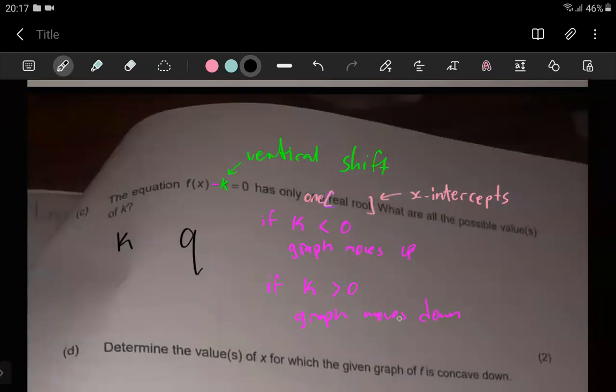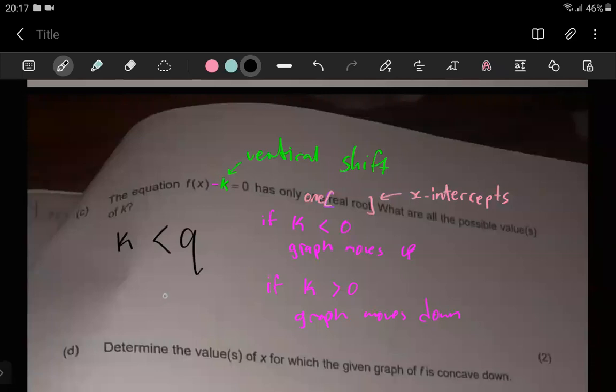So we said for it to move upwards, k has to be a negative number. So in this case, k has to be smaller than q.